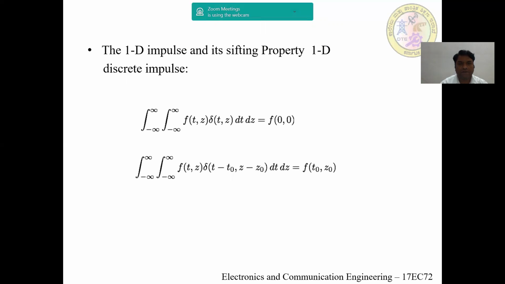The double integral of f of t comma z times delta of t minus t naught comma z minus z naught dt dz is equal to f of t naught comma z naught. That is, when shifted from t to t minus t naught, and z to z minus z naught, we get f of t naught comma z naught.